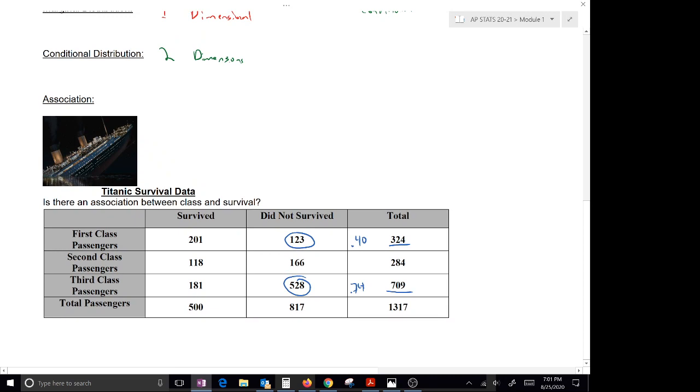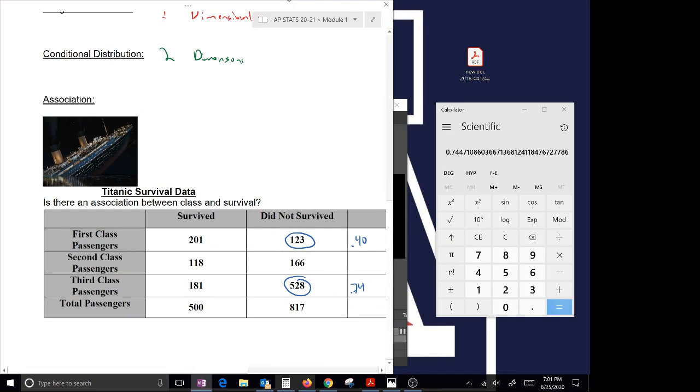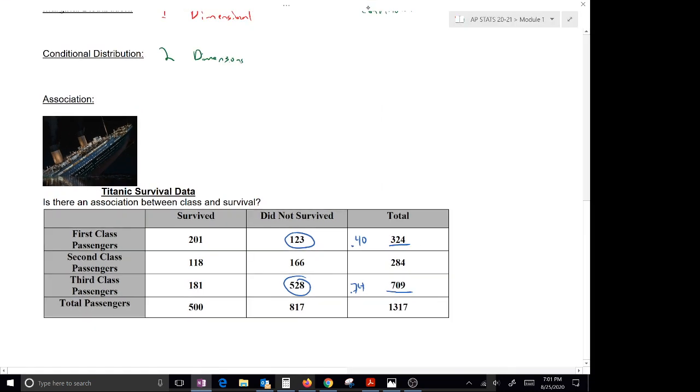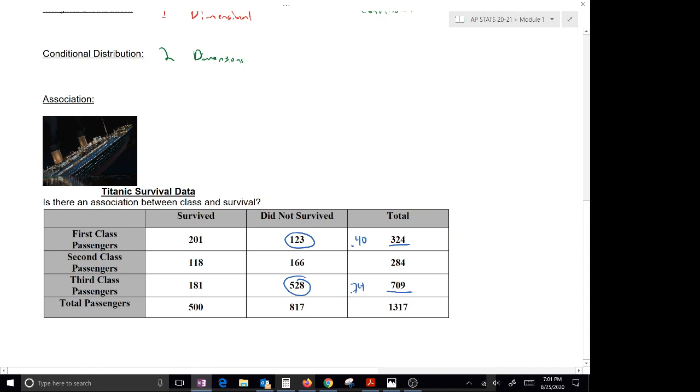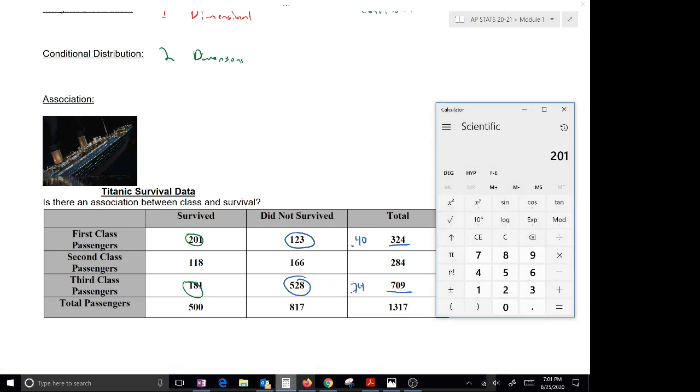Just to give us even more evidence, let's take a look at our surviving passengers. Just make sure that everything makes sense. Let's compare our survival rates. So 201 divided by 324.